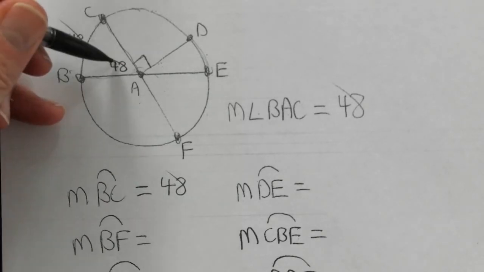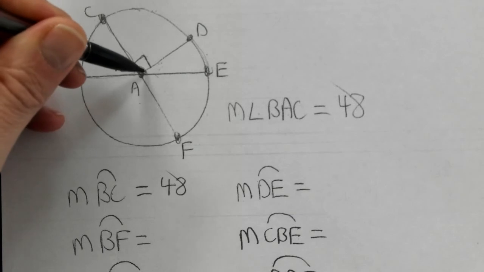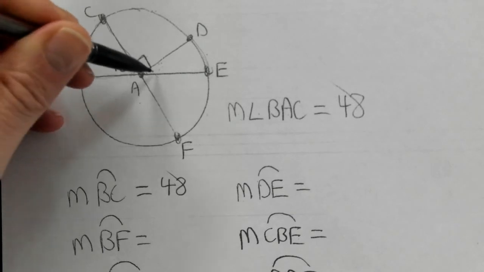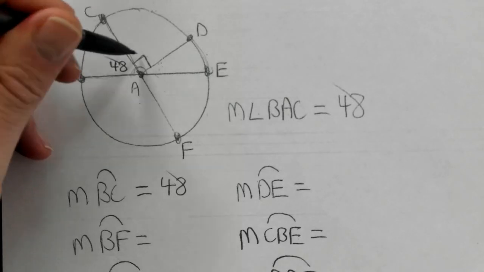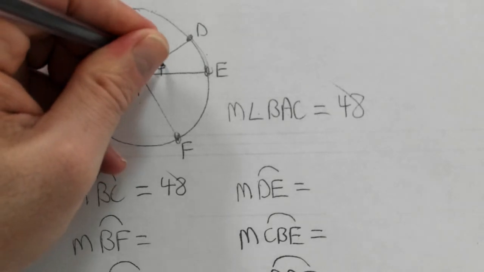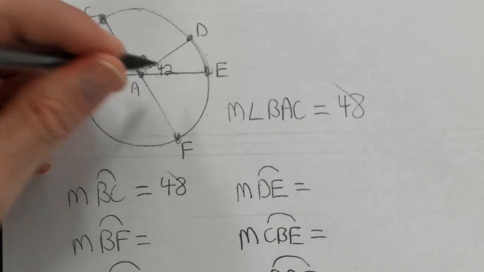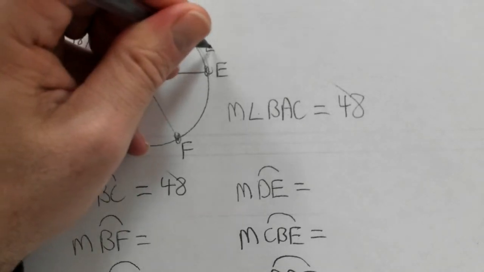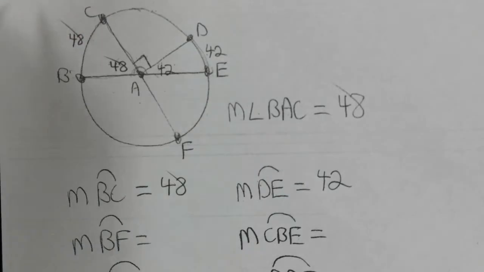If this is 48 and this is 90, remember, as far as the angles are concerned, all three of these angles would add up to 180 degrees. So this one has got to be 42, because 180 minus 48 minus 90 leaves me with 42. And once again, if the central angle is 42, then the arc is 42. So that'd be 42 degrees there.